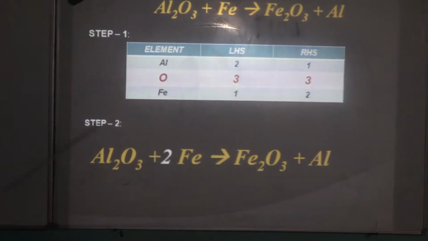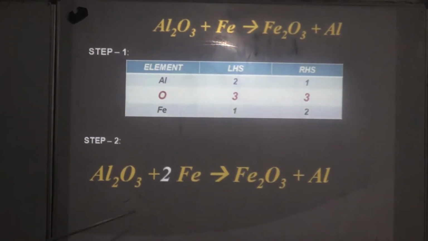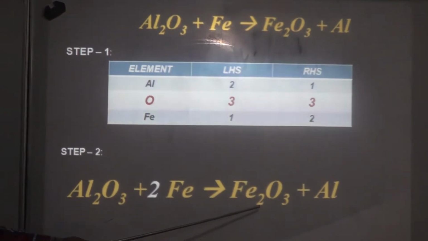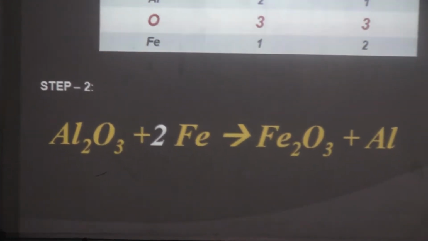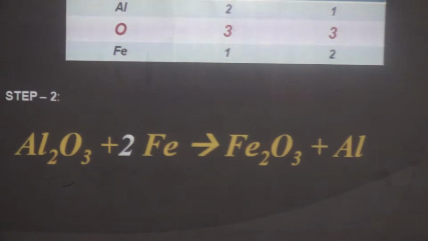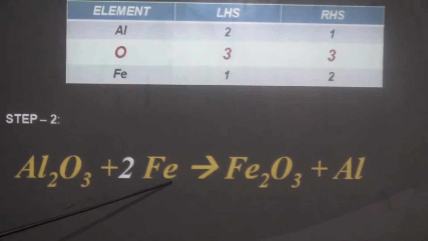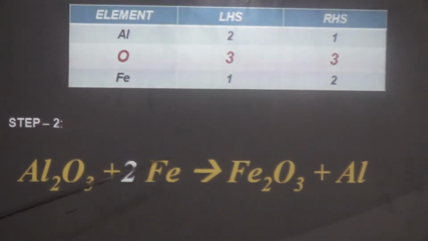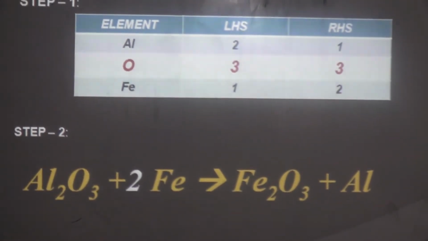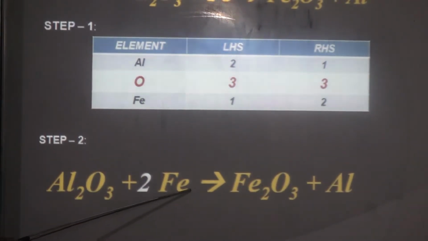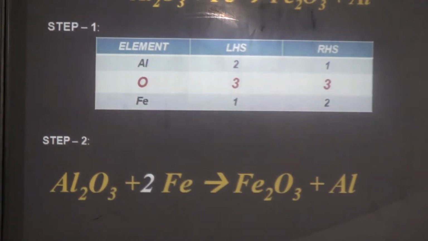Now come to step 2. So now I am trying to balance the ferrous atoms. On the right hand side we have 2 ferrous atoms. Then what do we do? I have to increase the number of ferrous atoms. For that I am introducing 2. I am increasing the number of ferrous atoms to 2. But you may have a doubt. Here the 2 is taken as a subscript. But why don't we take 2 as a subscript for ferrous?